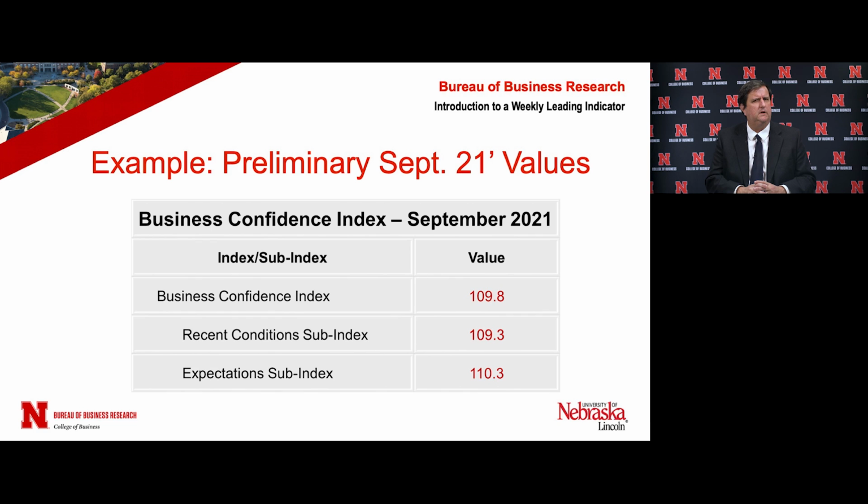Well, I take that back. You'd have to send me an email because we haven't been publishing the business confidence index results in recent months. We basically have transitioned from having a standalone report on business confidence to including that information as part of our weekly leading indicator reports.